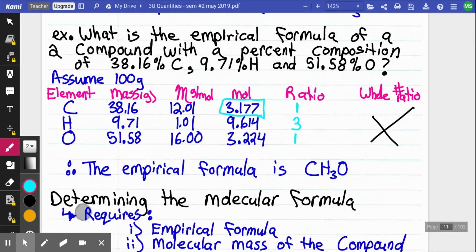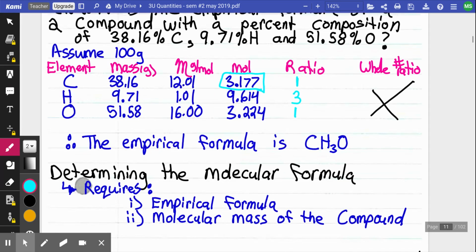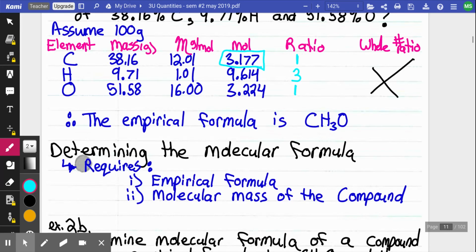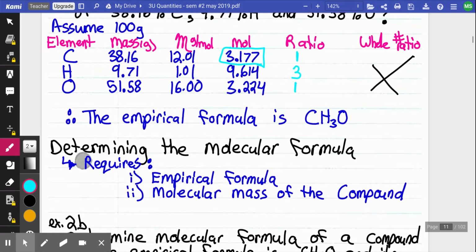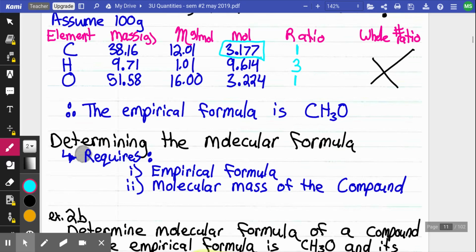All right, now we're going to look at how to get molecular formula. To get our molecular formula, you have to have an empirical formula and molecular mass of the compound. So calculating the molecular formula is a lot less work than calculating our empirical formula.